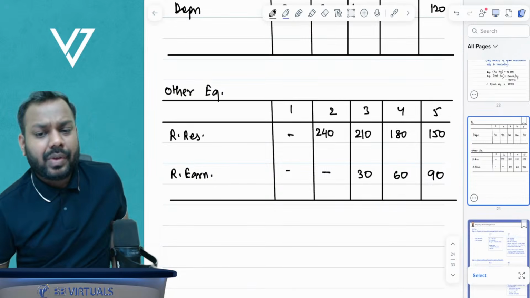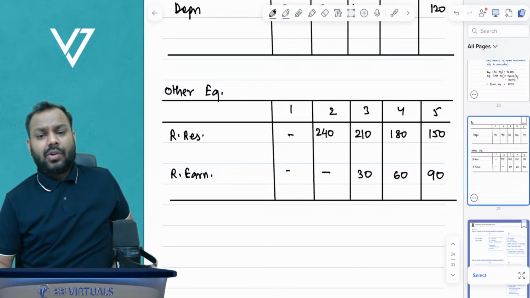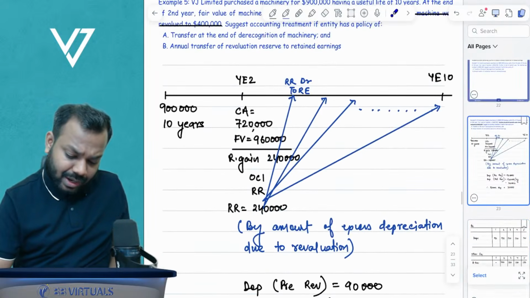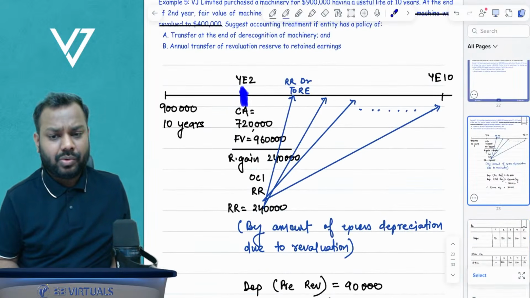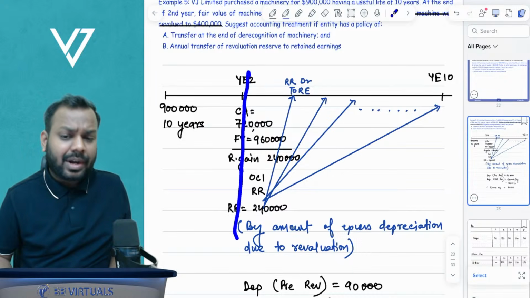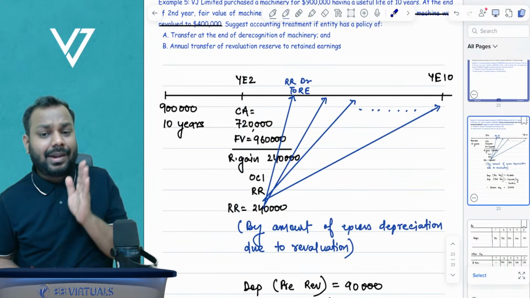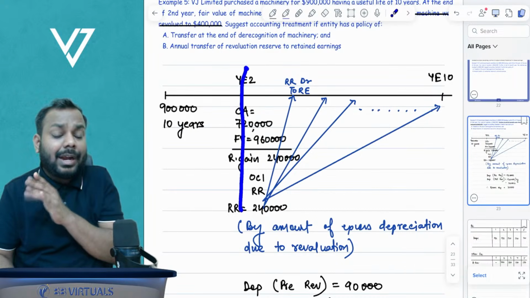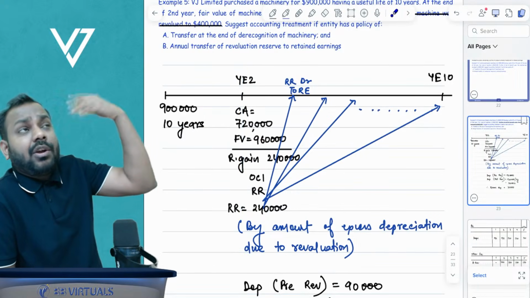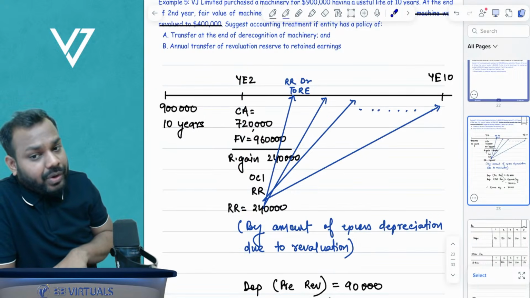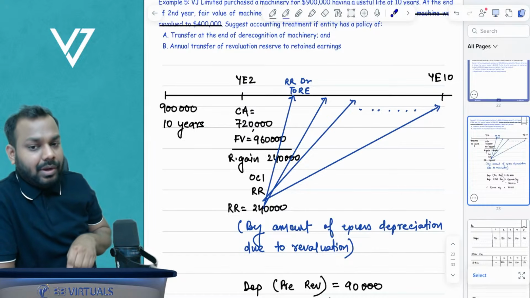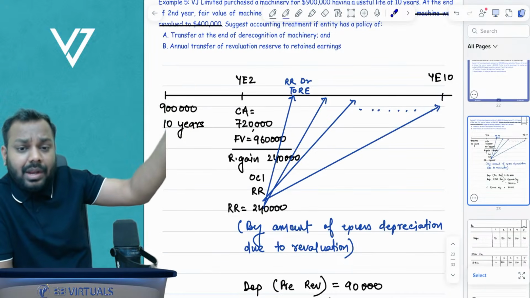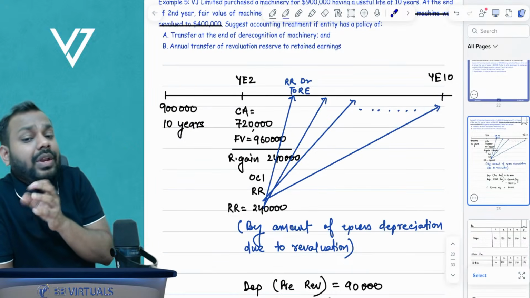In the year of revaluation, how can you transfer, Aditya? You have done the revaluation at year end, and transfer has to be done after revaluation. If we would have done the revaluation at the beginning of the year, we would have transferred in the year of revaluation also.